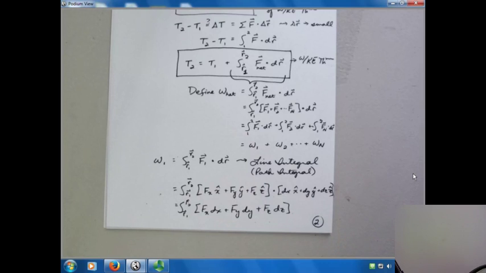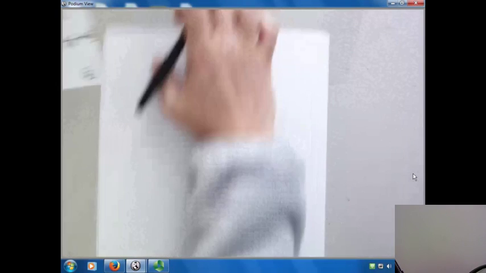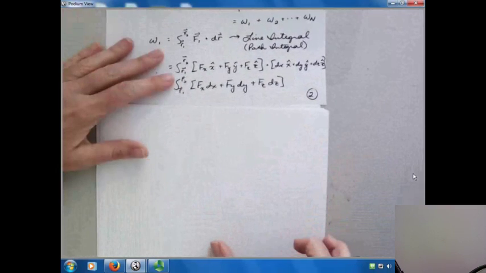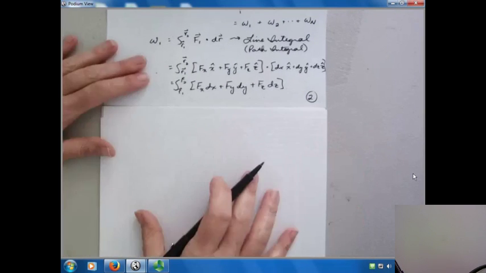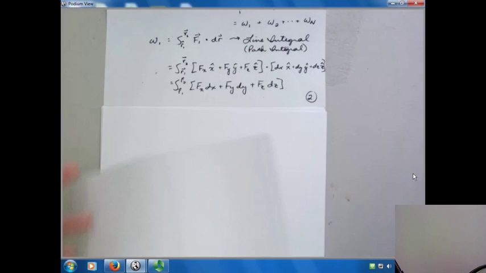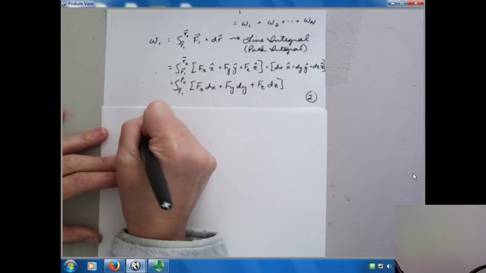Okay, so I think that that's pretty clear, but it probably wouldn't hurt us to do an example. Let's do the example. All right, so in this example, we're going to calculate a line integral.